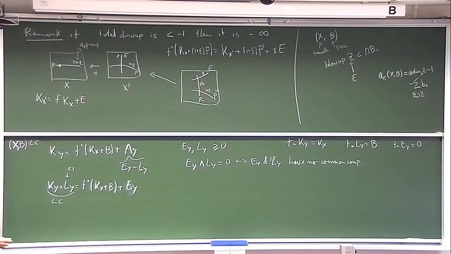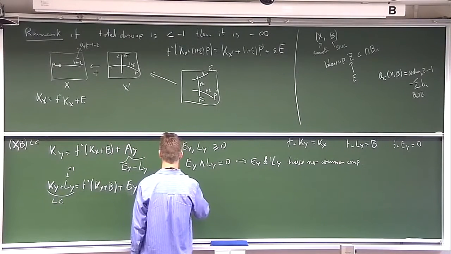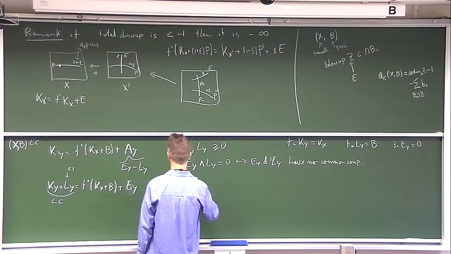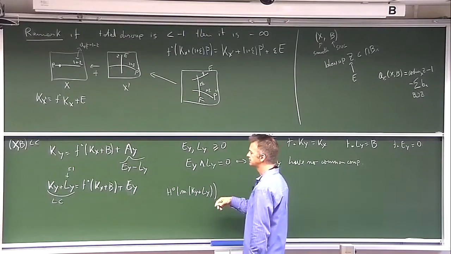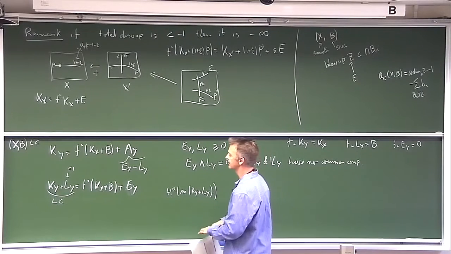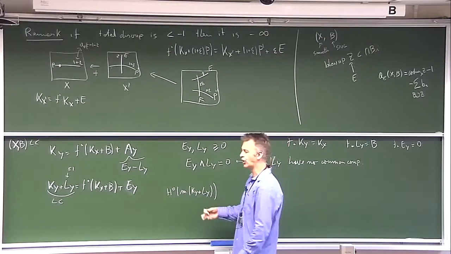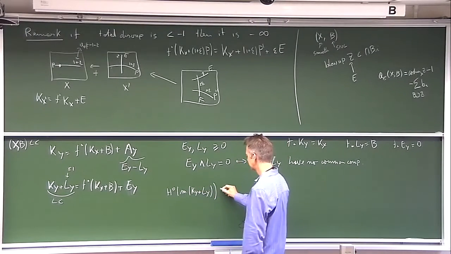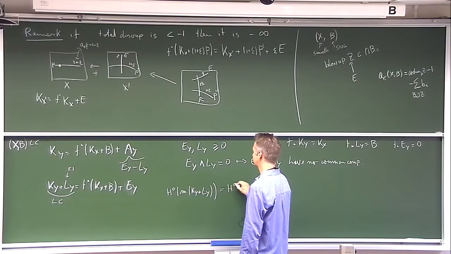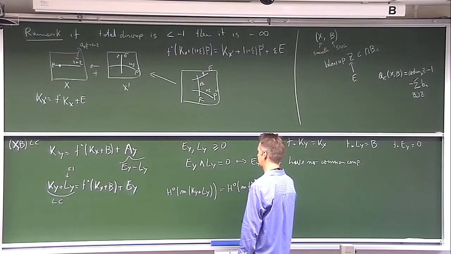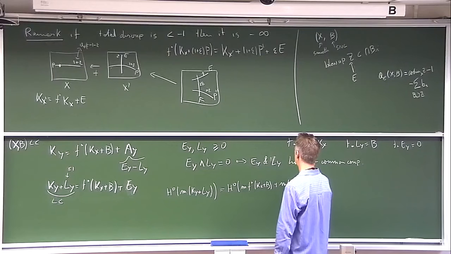And moreover, when I look at sections of any multiple of KY plus LY, maybe for simplicity, let's assume that you have rational coefficients and that this m clears the denominator, so we don't have to think too hard about what the symbol means otherwise. It would just mean the round down. So this will be, of course, the same as sections of m f^*(KX + B) plus m EY.